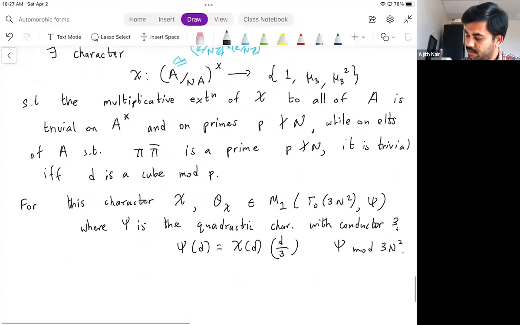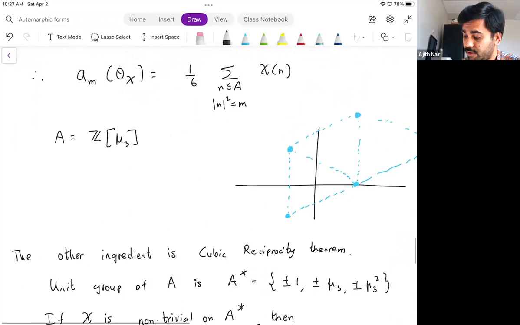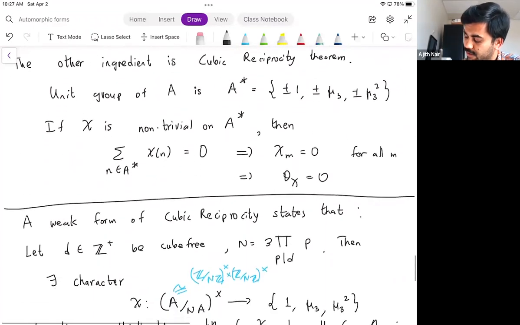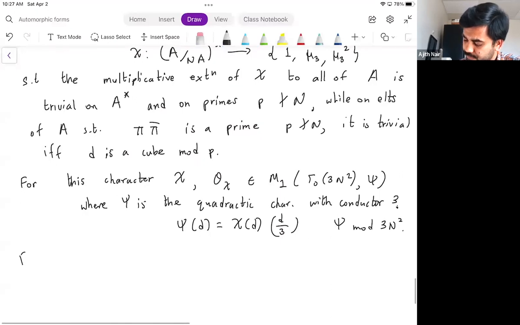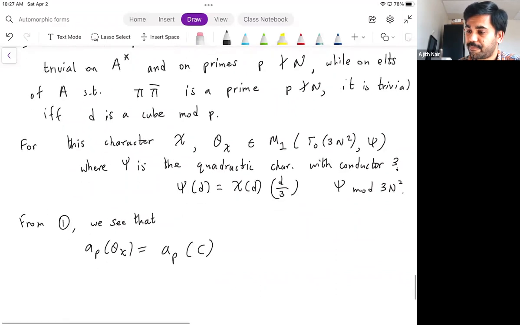So we already computed what the Fourier coefficient looks like. And then from 1, we see that a_p of theta chi is going to be equal to a_p of f, which I wrote down in the beginning.